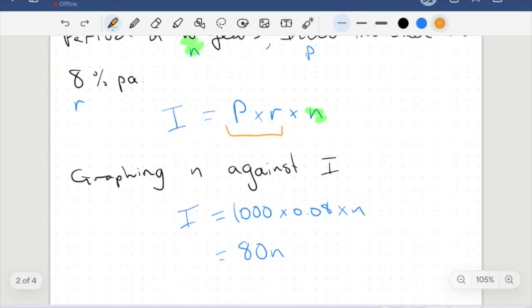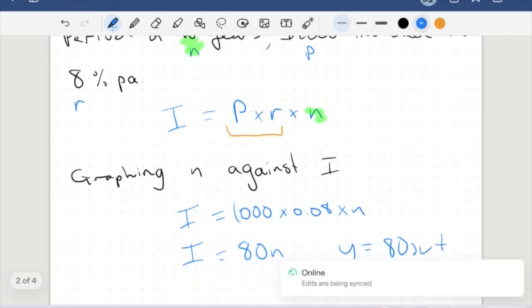So this gives us what we remember as a linear relationship. One variable, I, changes in a linear way based on the number of years. This is the same as if we wrote, for example, y equals 80x. That's from our linear relationship y equals mx plus b. But here, the y-intercept is going to be 0, which we'll see in a second.